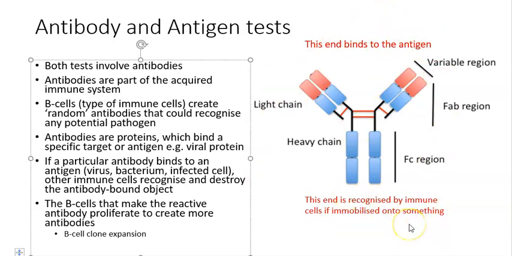Now this is where the immune system gets complicated, and you'll learn about this at some time in the future. The macrophage that has engulfed this antibody and virus can then start to chop up that virus and present bits of it on its cell surface to other B cells, trying to find a B cell that can recognize something the macrophage has presented.